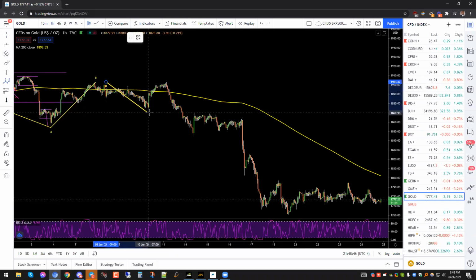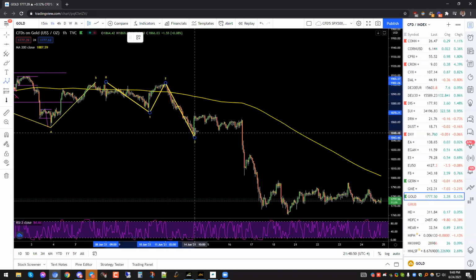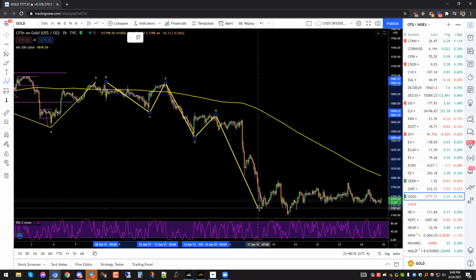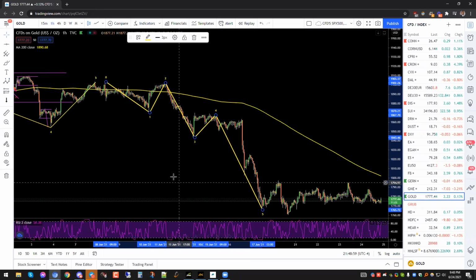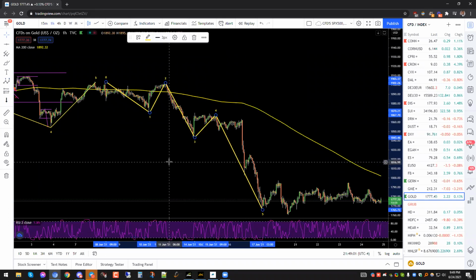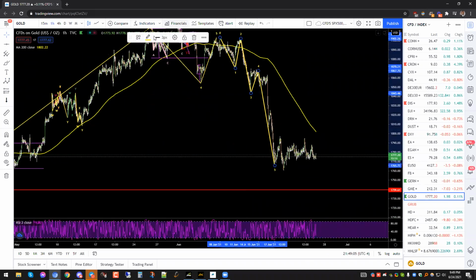So we get 1, 2, 3, this is 4, this is potentially 5. 1, 2, 3, 4, 5, right? So we have 5 waves down and it's corrective impulsive. So let's change the color on this.